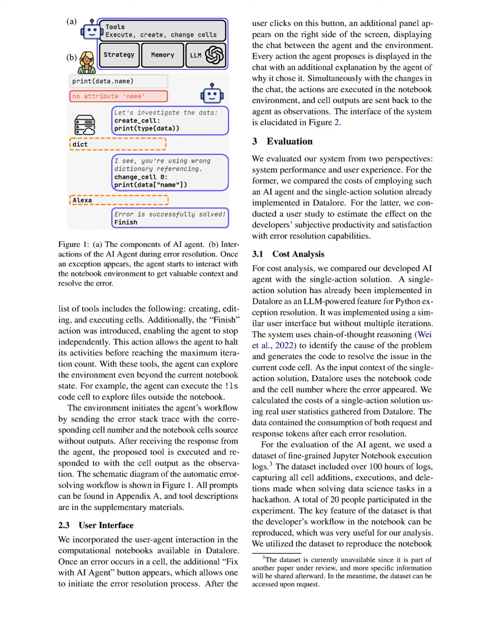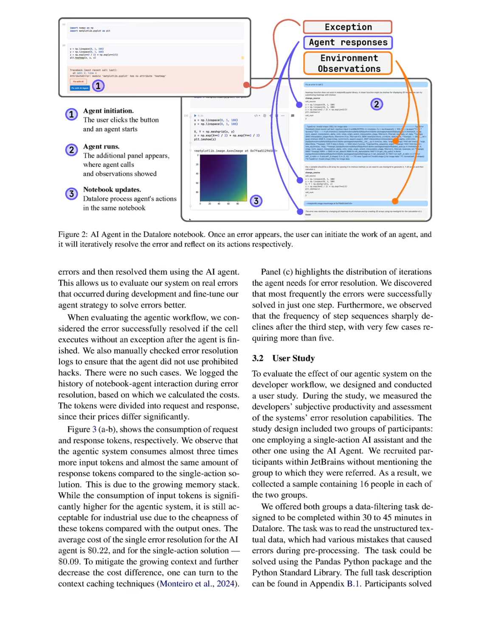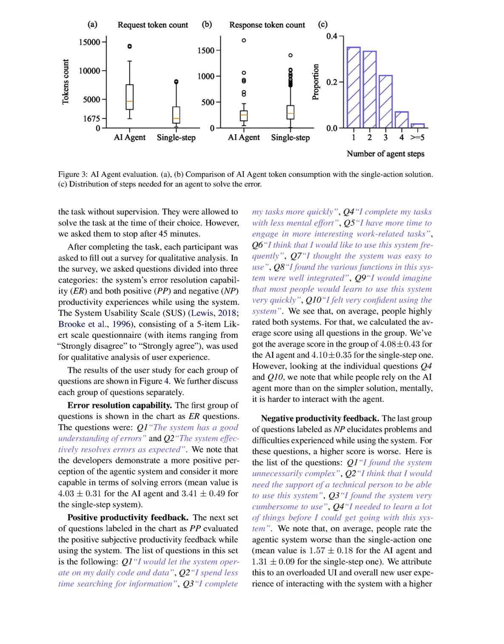The LLM-based AI agent offers several theoretical and practical advantages over the existing single-action solution in Datalore for error resolution. Firstly, the AI agent utilizes an iterative approach, allowing it to conduct multiple actions and adapt based on feedback, which enhances its ability to resolve complex errors effectively, as evidenced by a higher user perception of its error resolution capabilities, mean value of 4.03 for the AI agent compared to 3.41 for the single-action solution.